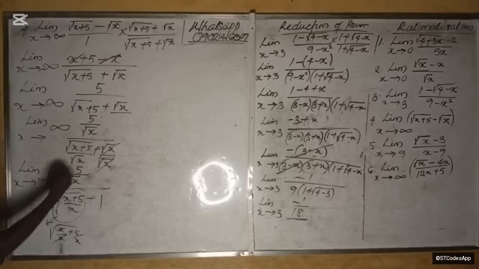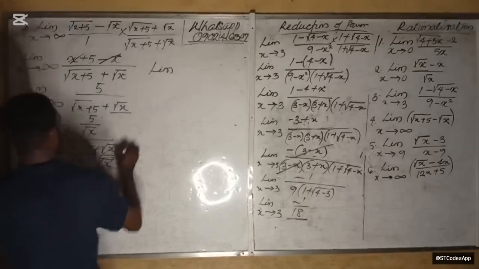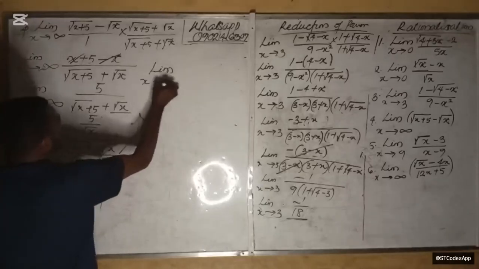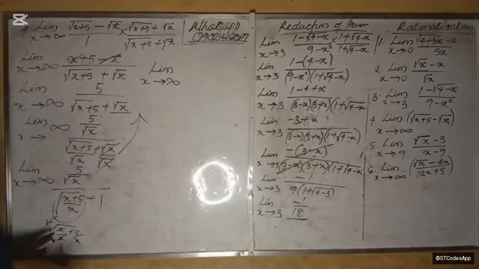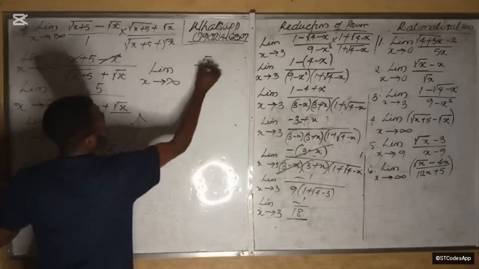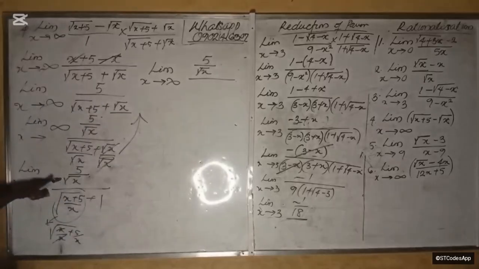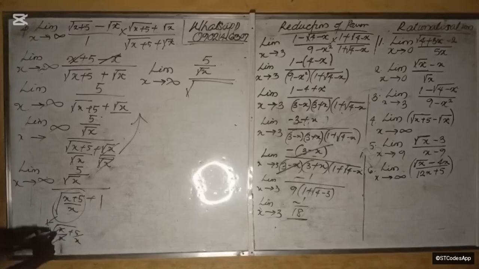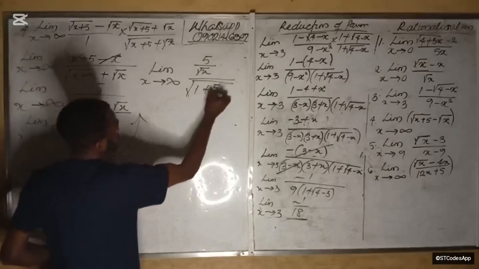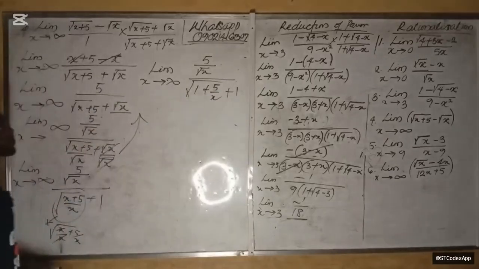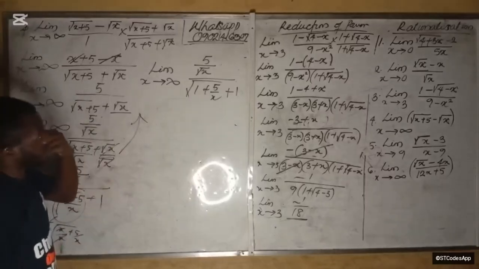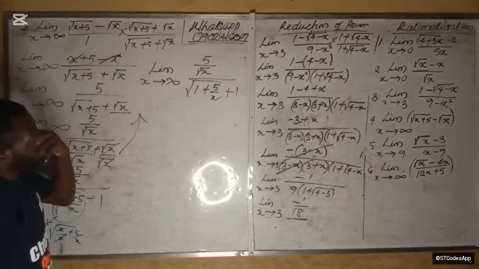So what we have overall here is going to be the limit as x approaches infinity of 5 over root x, all over square root of 1 plus 5 over x, all plus 1. Okay, so from here, let's try to substitute infinity into this.